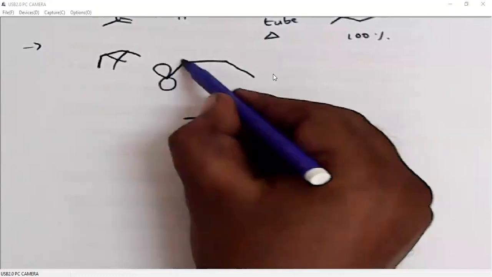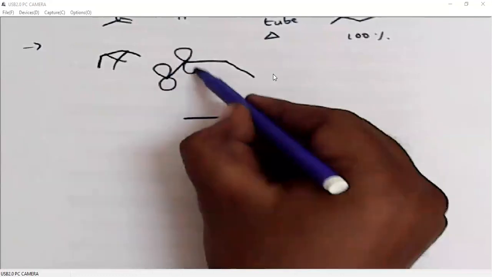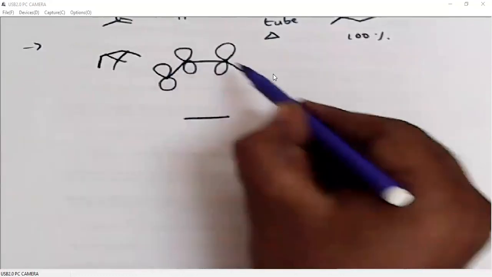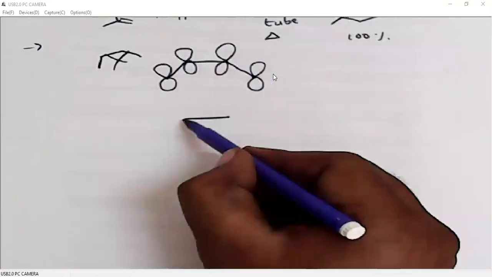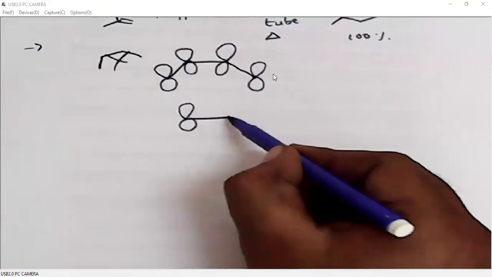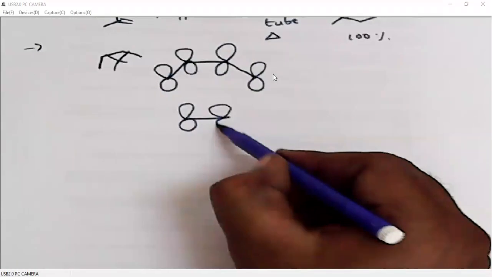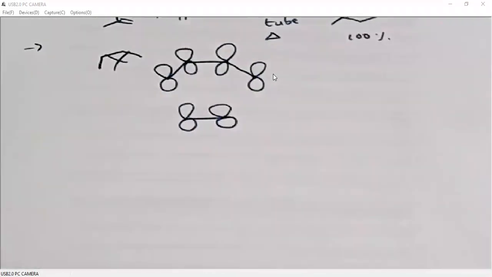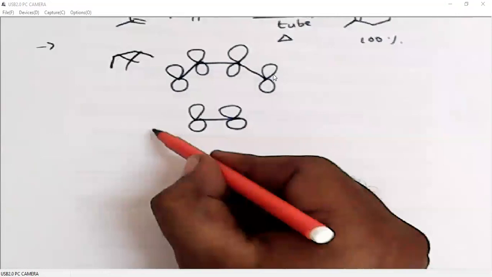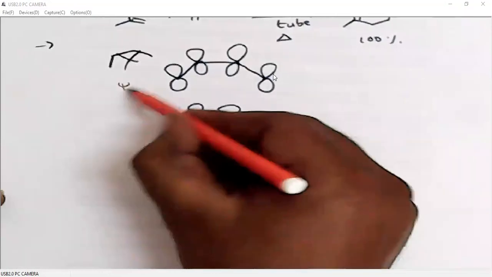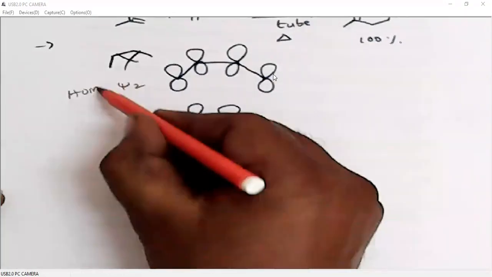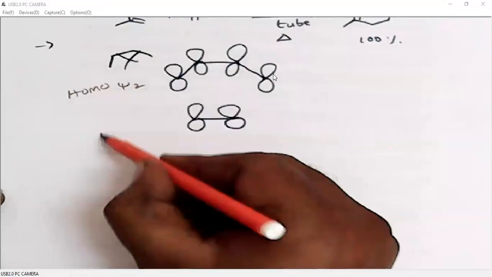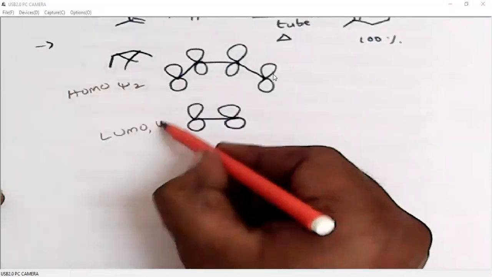So for butadiene, HOMO is Psi2. For ethene, again LUMO is Psi2. So it is Psi2 HOMO, and LUMO, again, it is Psi2.